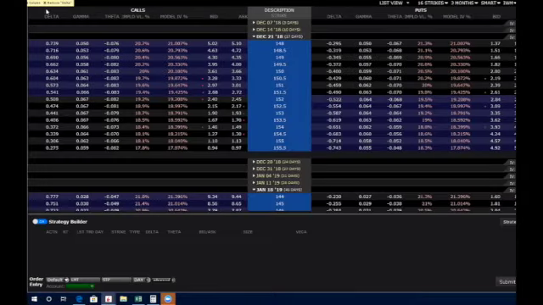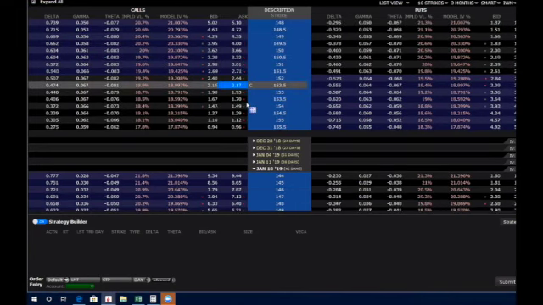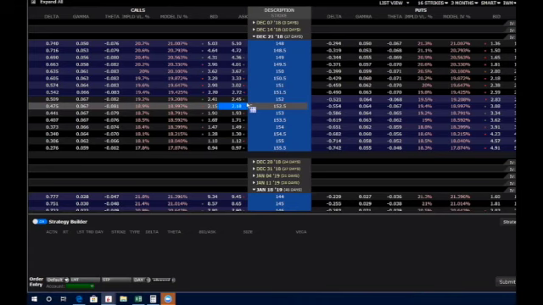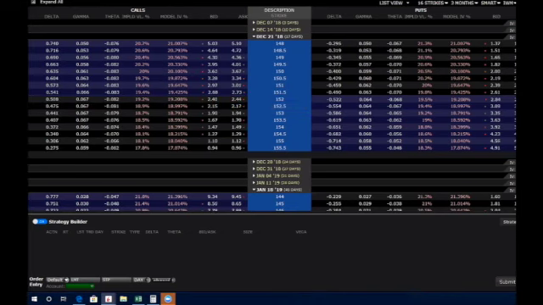Hedge ratio means if you don't want to have a directional opinion and you buy 100 shares of IBM, I know it's odd lots and big lots, but if you were to buy something 100 times, you would be long 100 deltas, and you want to get rid of 100 deltas or 50 deltas, let's say. So you want to get rid of 50 deltas, you would sell a 50 delta call so that you would be agnostic directionally.